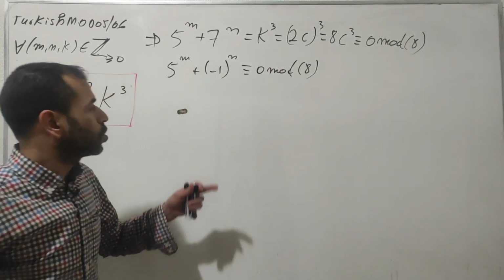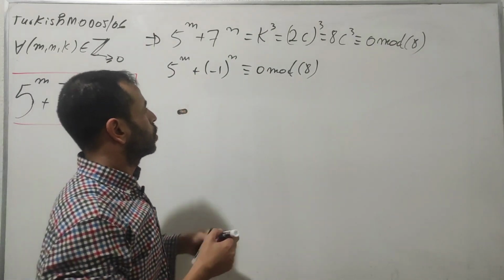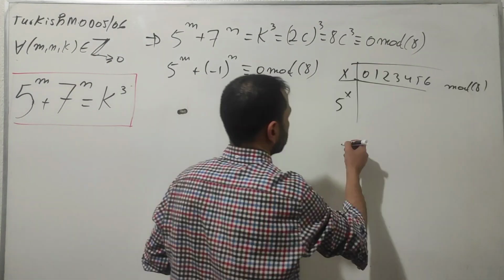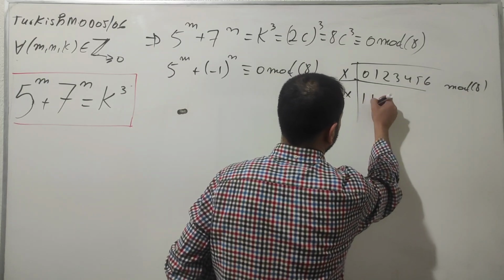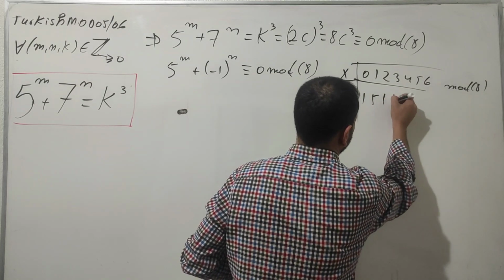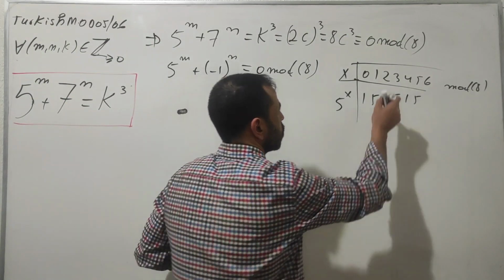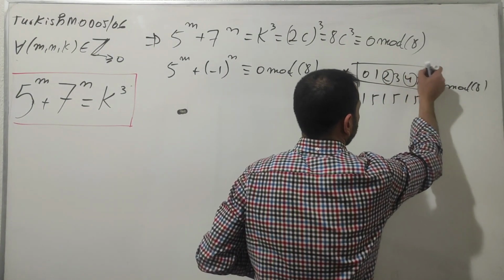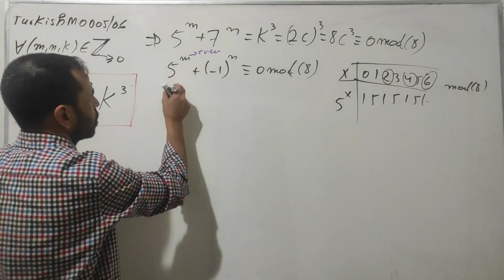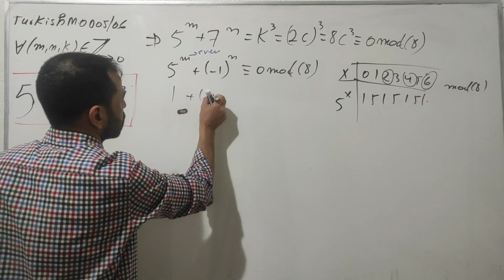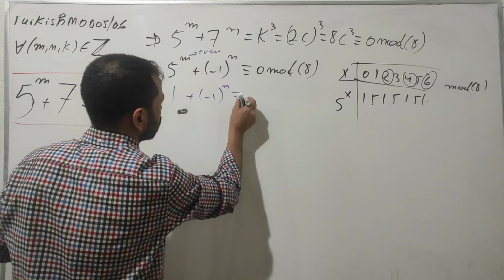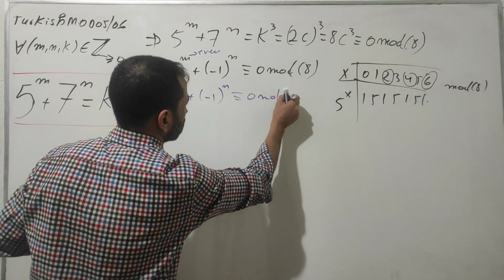If you go through the chart of the following remainders, we get 1, 5, 1, 5, 1, 5. At 1 we get even terms here. So by the chart we get remainder 1 plus minus 1 to the n congruent to 0 mod 8.